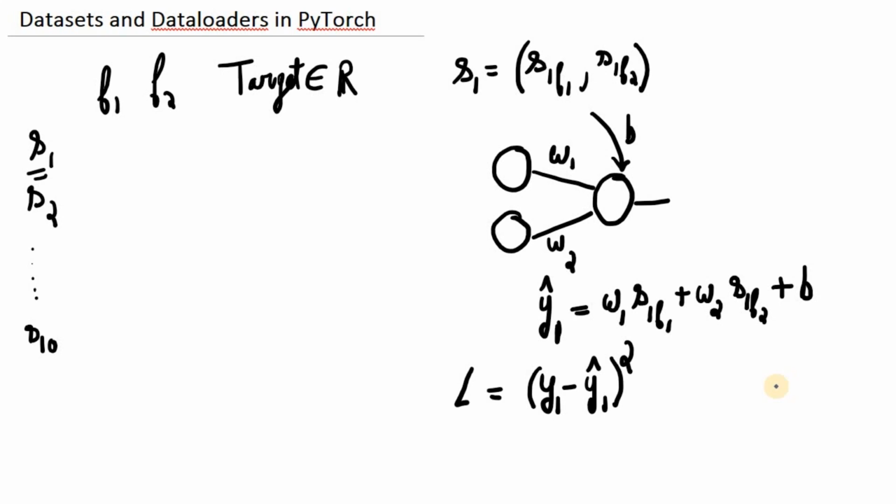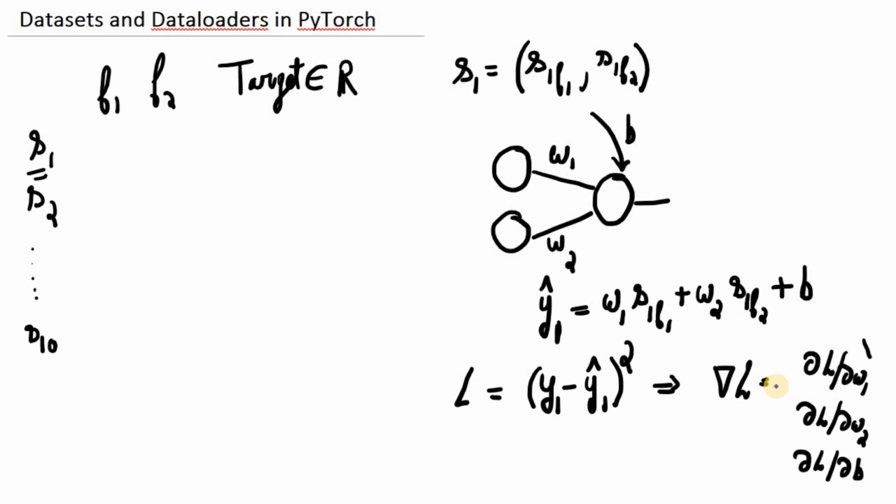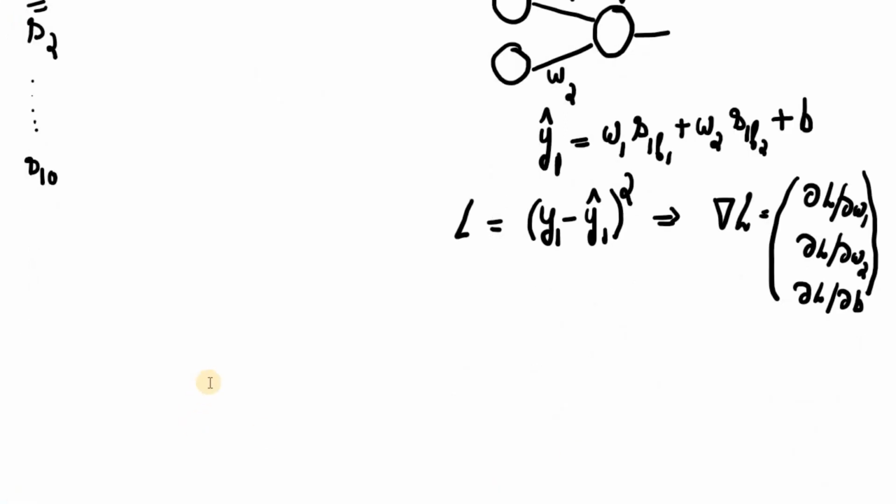Based on the loss, we calculate the gradient of L, which is the derivative of L with respect to W1, the derivative of L with respect to W2, and the derivative of L with respect to B. This is going to be a vector. Then we perform the backpropagation step where we update the weights.